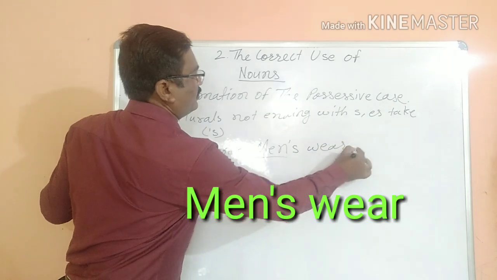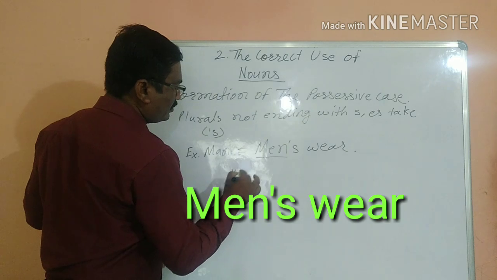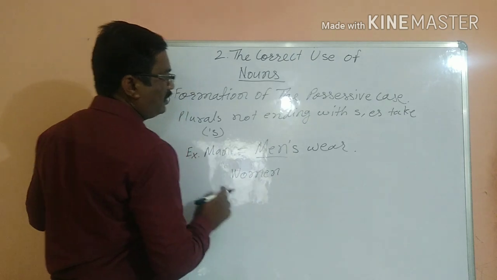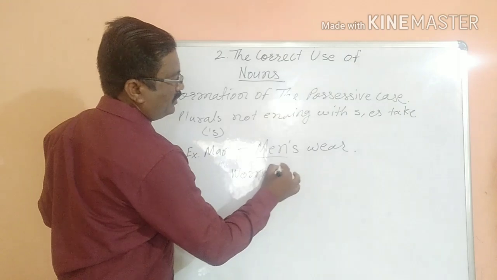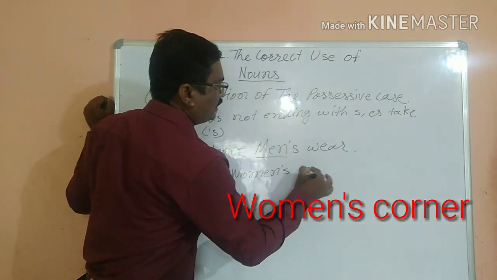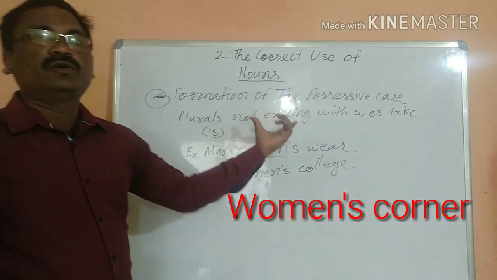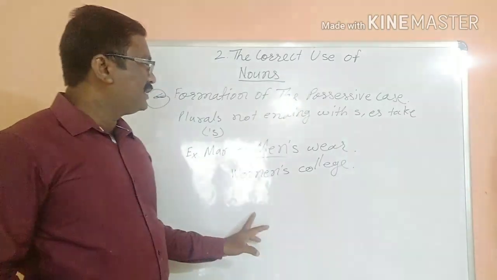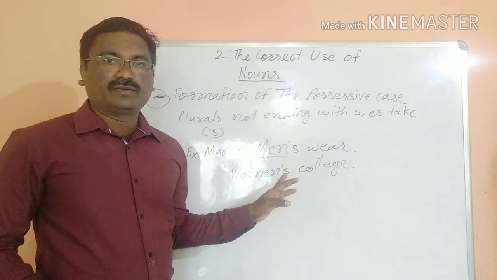Women, this is also plural and not ending in s, so it will take apostrophe s to make the possessive case. Women's college. Make a note, those plurals which are not ending in s or es take apostrophe s for making possessive.